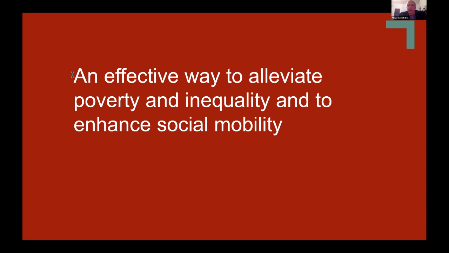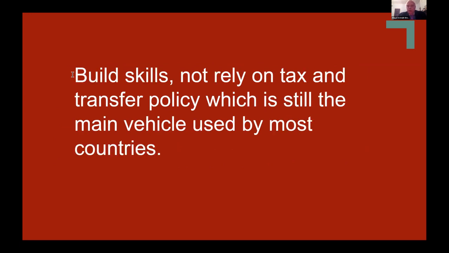But I want to argue that an effective way to alleviate poverty and enhance social mobility is to build skills. It's not relying, at least solely, on tax and transfer policy, which is still the main vehicle used by most countries.